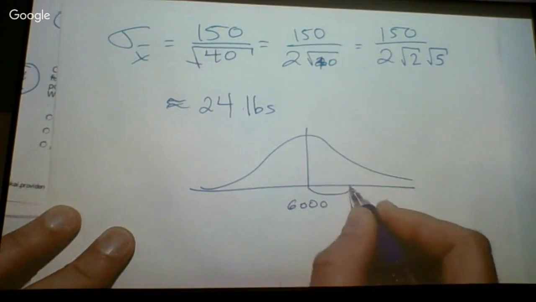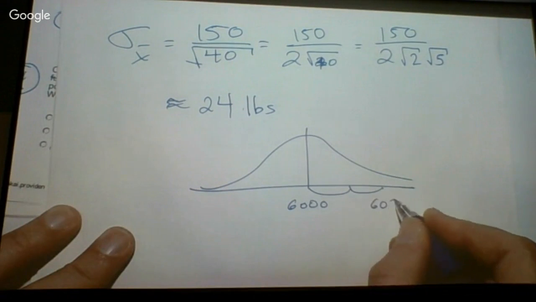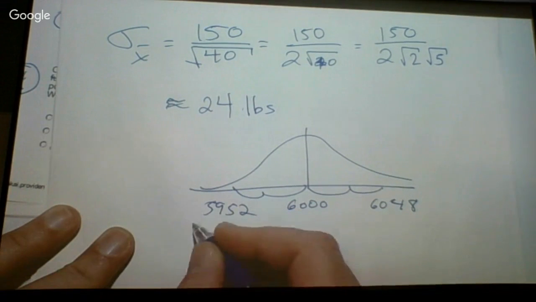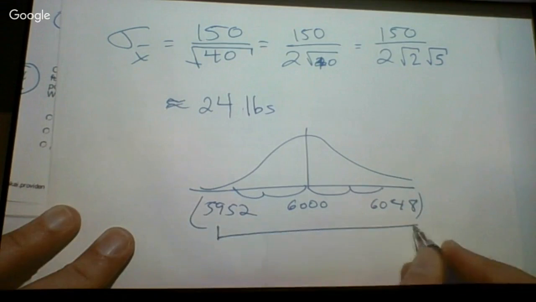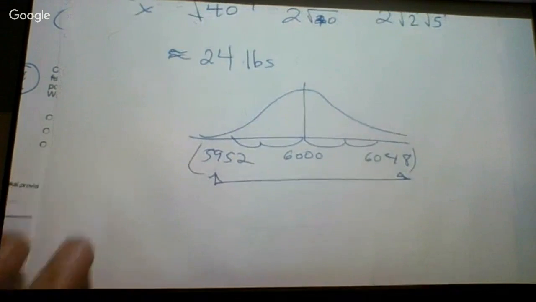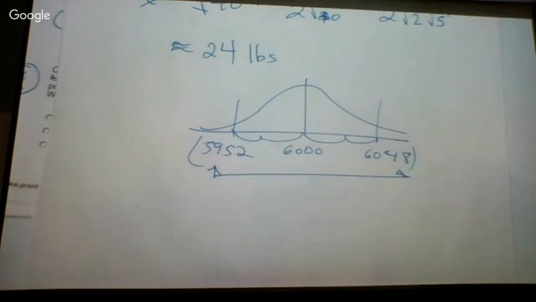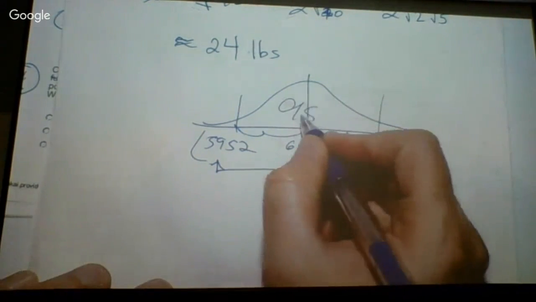6,000 plus 24 twice, minus 24 twice. I think somewhere between those two values, I will find 95% of stuff.